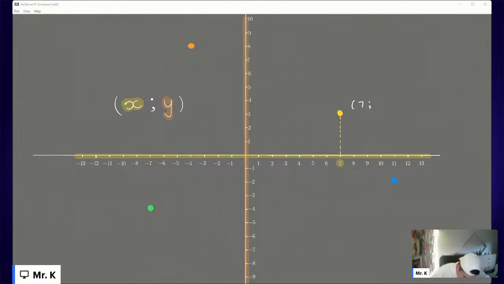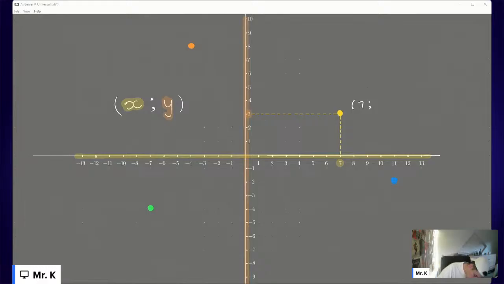Right, I line up with the y-axis, and you can see that when I look at the level that my yellow dot is sitting at, I'm at a height of positive 3. So we can see our x value is 7 and our y value is positive 3.